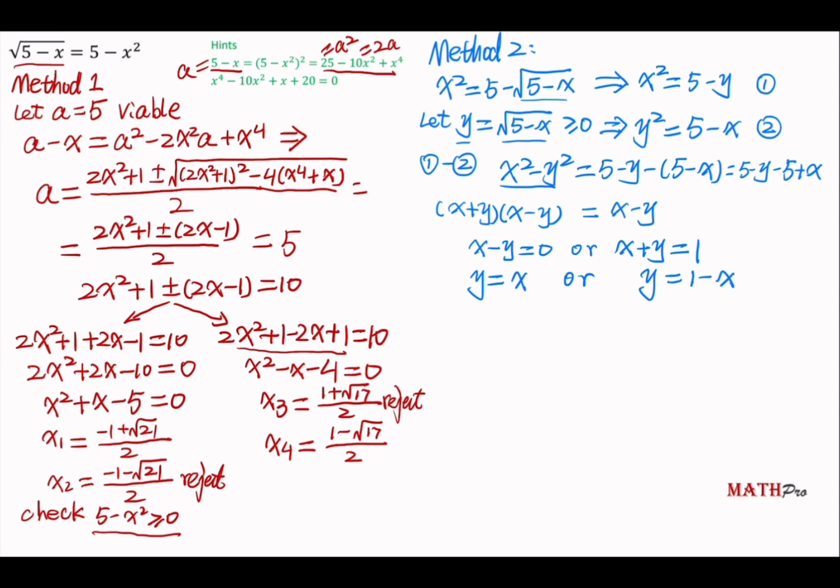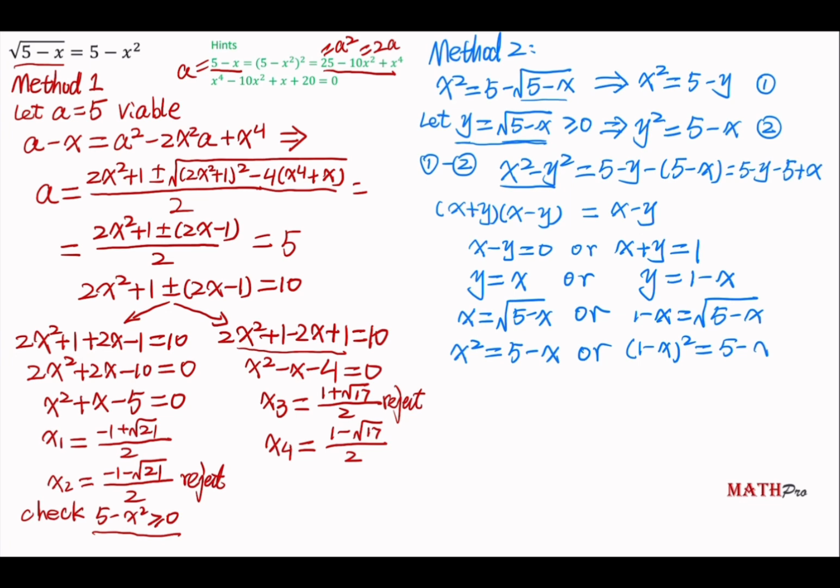If we go back to here, we replace y with x, and then we get x equals square root of (5 minus x), or 1 minus x equals square root of (5 minus x). If we square both sides here, we get x squared equals 5 minus x, or (1 minus x) squared equals 5 minus x.